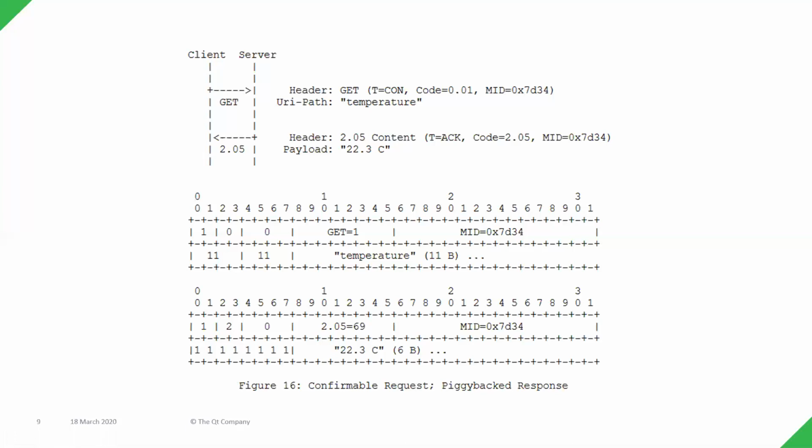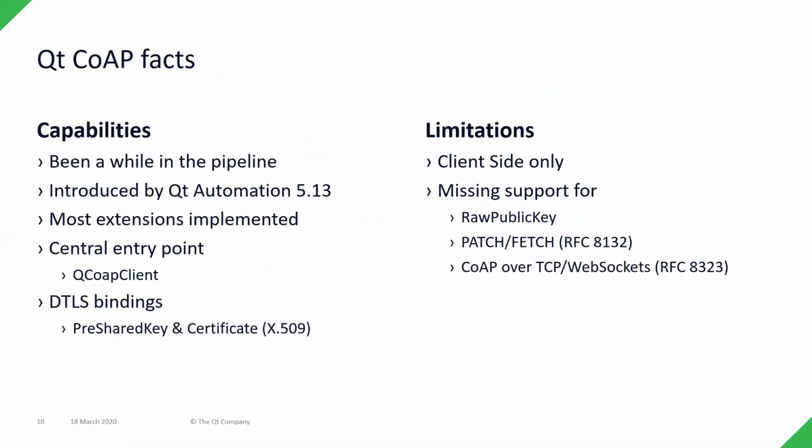Typically, when you do that, you would also require a token so that the second response can be matched against the initial GET request. That is obviously missing here in this case. And down here, you can see the breakdown of how that looks in the actual packaging.